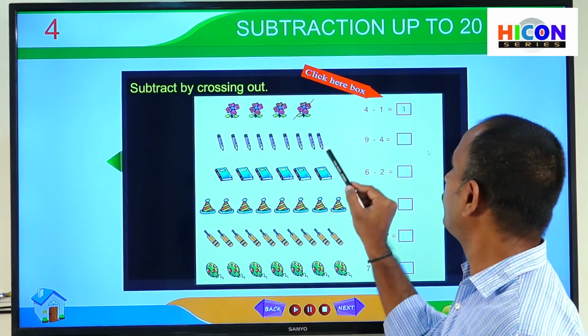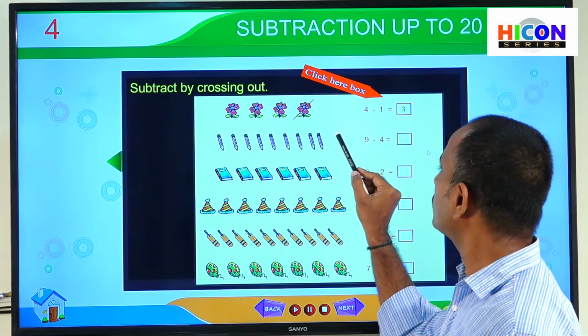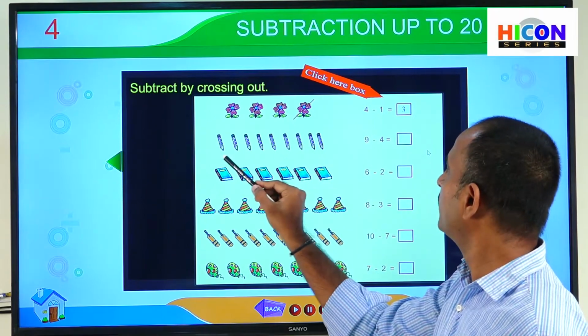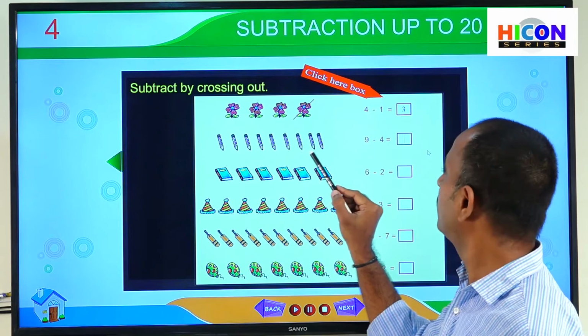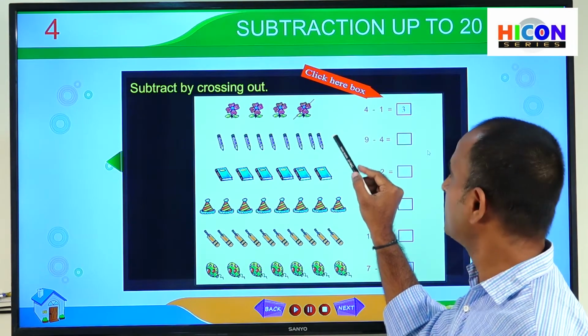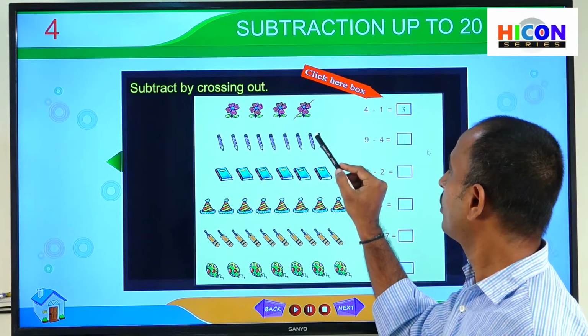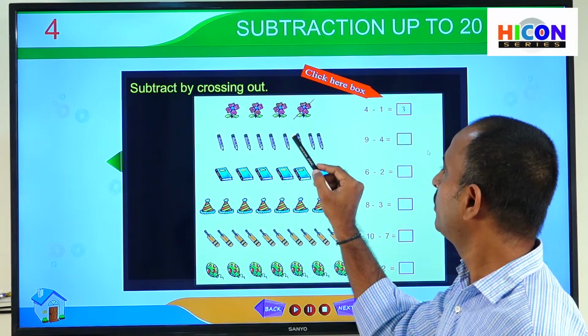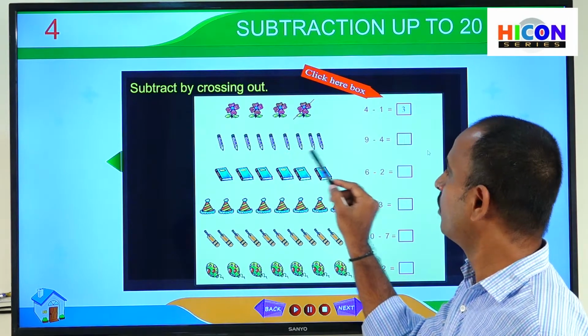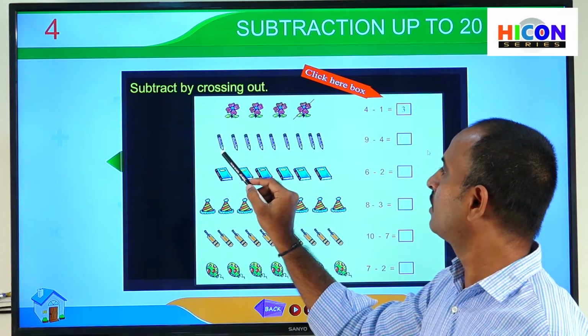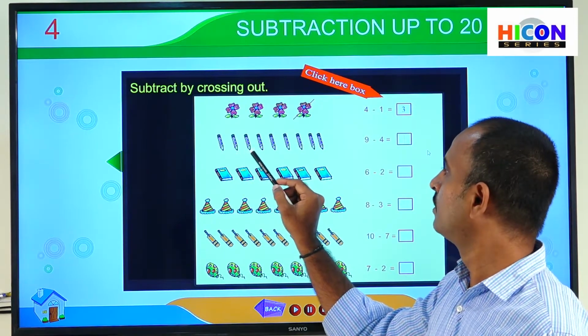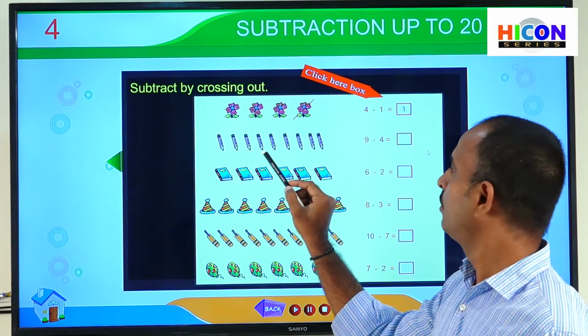So strike off, or cross out, 4 pencils from these 9 pencils. Then how many pencils will be left here? First strike off 4 pencils, that is 1, 2, 3, 4. If we cross out 4 pencils, how many pencils will be left? Let us count 1, 2, 3, 4, 5.